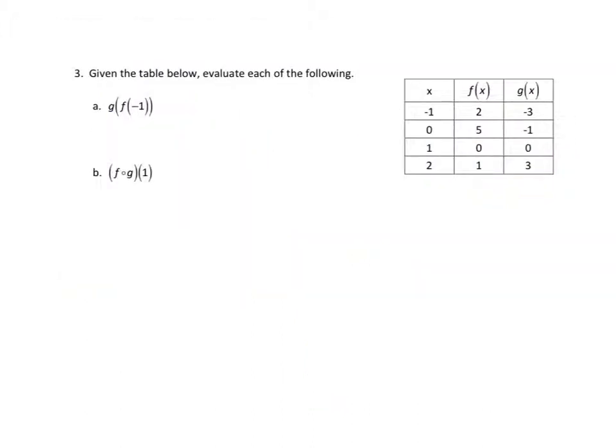In this next part, we'll be evaluating functions in a table. So it kind of works the same way, where you start on the inside and you find your inside part. So the first thing I'm going to find is f of -1. Now remember that the number inside here is an x.